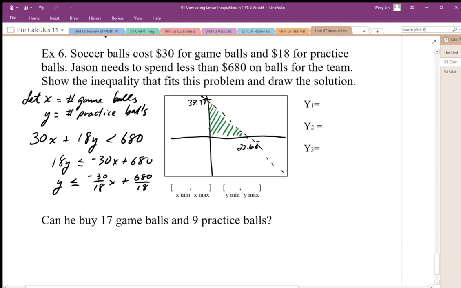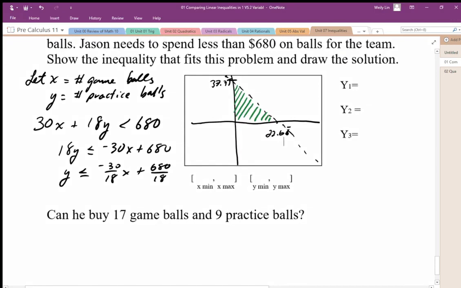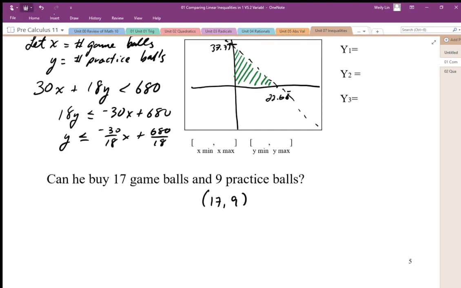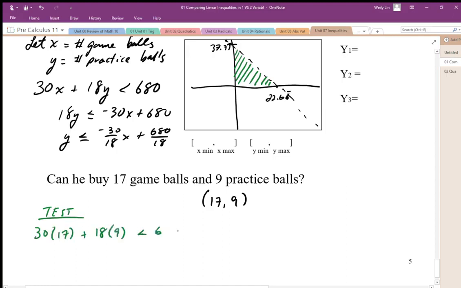So when I look at this problem here, 17 game balls and 9 practice balls represents a coordinate of 17 and 9. I could test that in my inequality. So testing in my inequality, x is 17, y is 9, and that has to be less than 680.